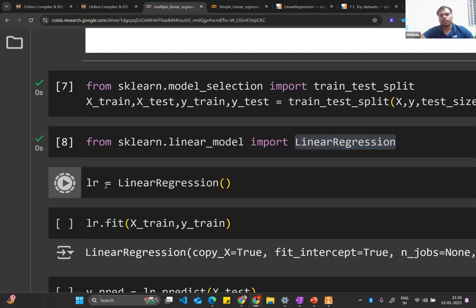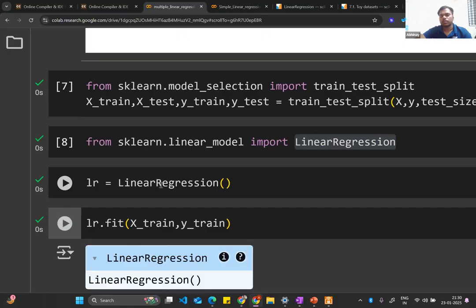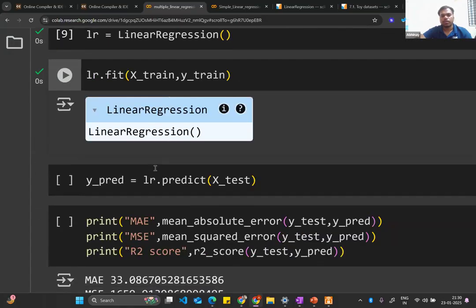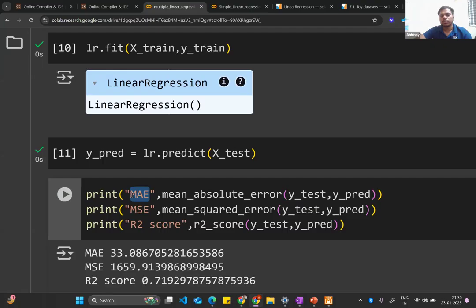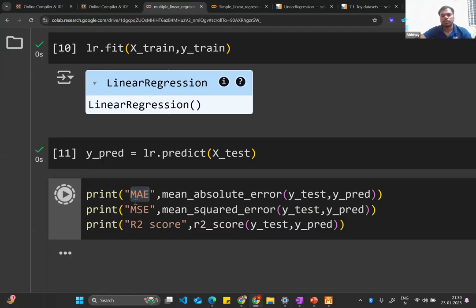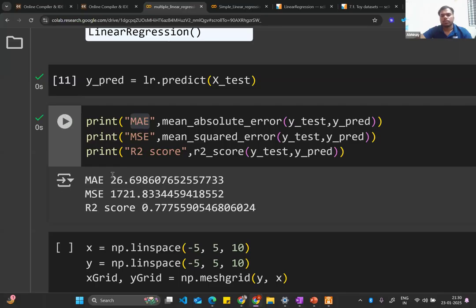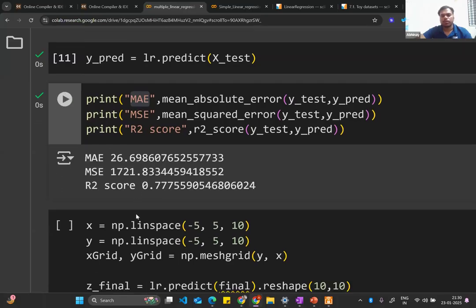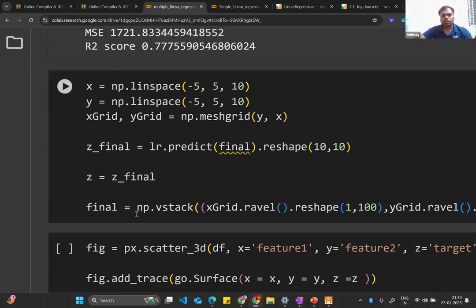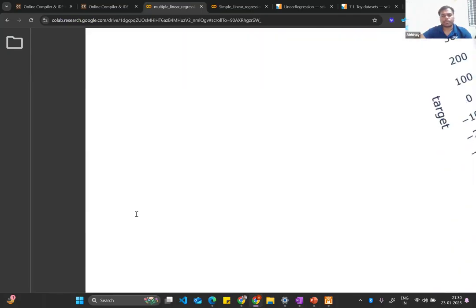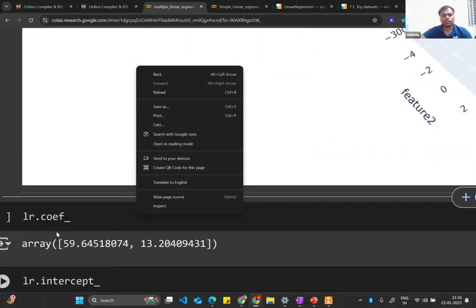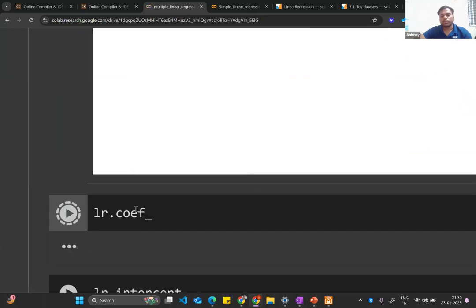Once you are done with this, load your model, load your algorithm, train and try to predict. The metric evaluation we have already seen: the mean square error, your MSE value, your R2 score, and so on. These are your coefficient values.